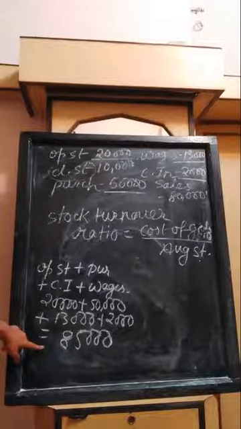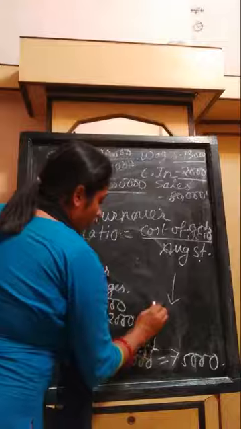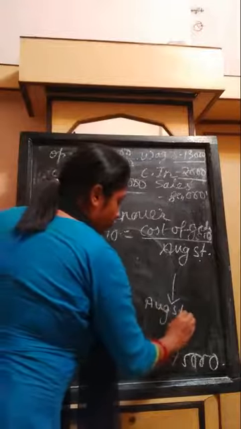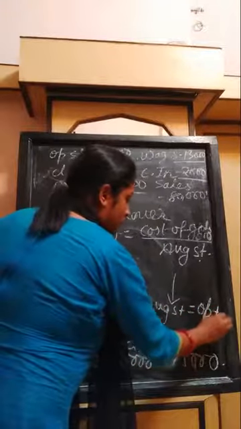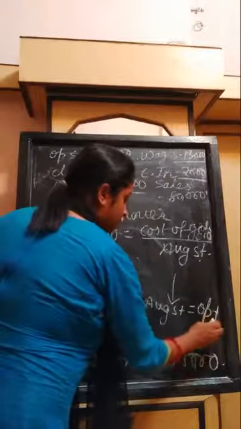And average stock is opening stock plus closing stock divided by 2. The formula of average stock is opening stock plus closing stock divided by 2.